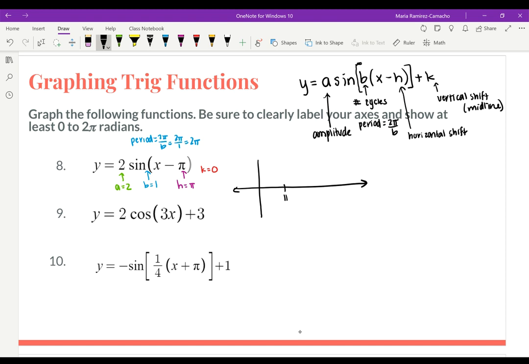So I'm going to scale out to 3 pi because I know that we're shifting this graph to the right pi units. And I know that because my period is 2 pi units long, my cycle is going to start at pi and end at 3 pi.